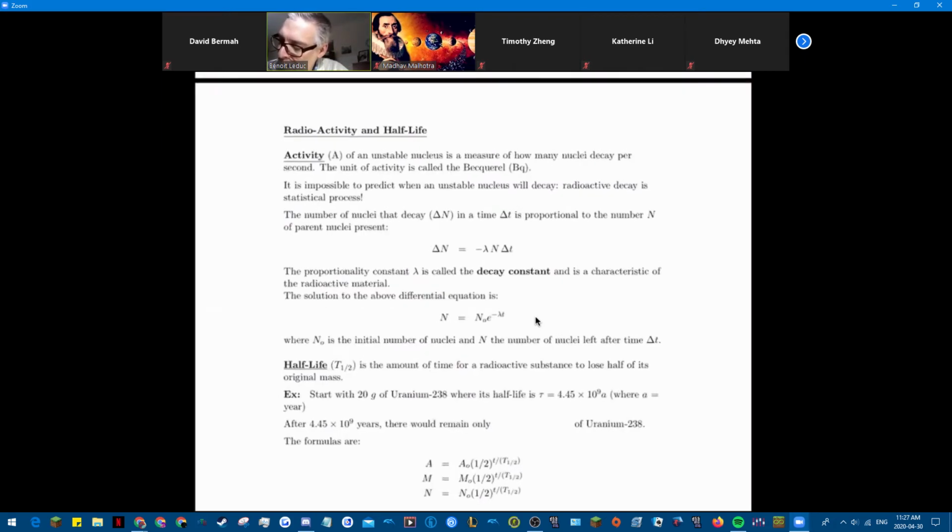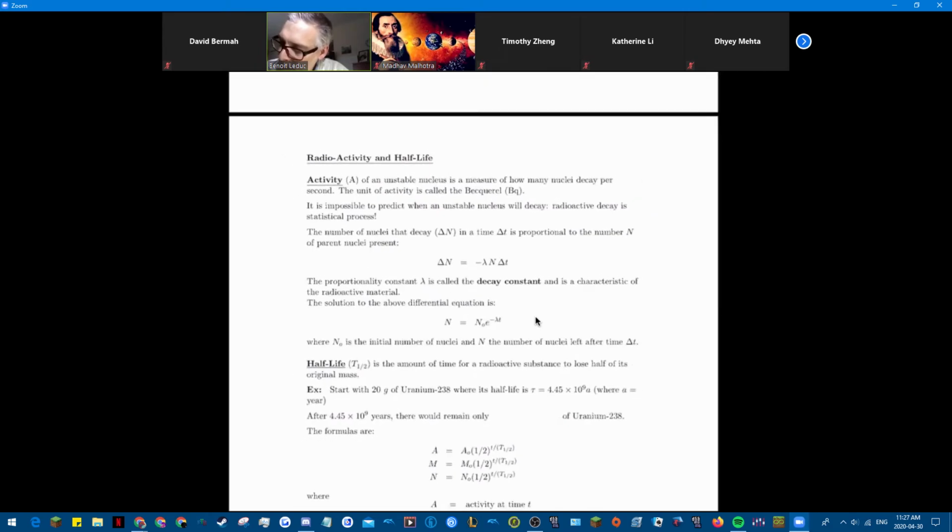If I bring the delta t to the other side, what I have is something like that. Which function, when you differentiate, gives you the same function? Well, it's the exponential. And here, this is the constant. So this is a solution to the above differential equation.